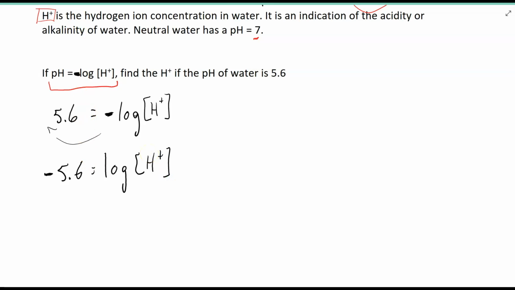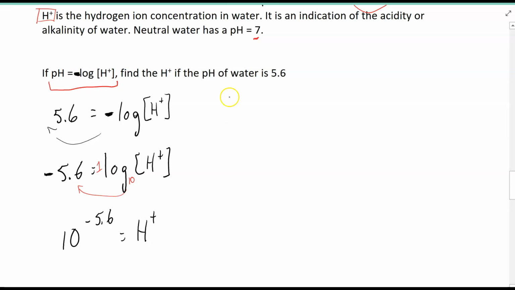Now we have coefficient 1. So we can change to exponential form. What's the base? It's not stated, so it's a 10. The exponent is -5.6. 10 to the -5.6 equals the hydrogen ion concentration.